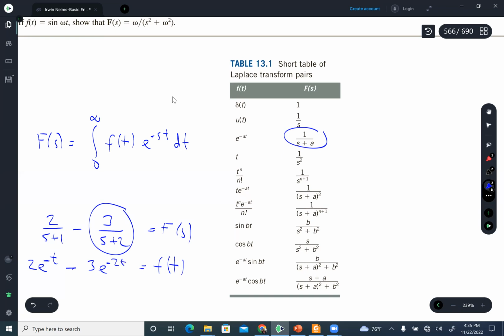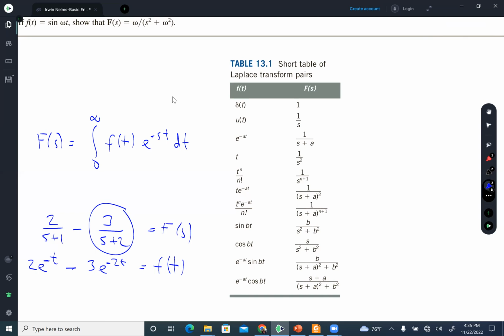So that's simple. In other words, if you have sums of things like this on the left-hand side, you're going to get sums of things like this on the right-hand side. So that's a property of the Laplace transform, which says that you can do term-by-term Laplace transforms if you have a sum of terms, right?